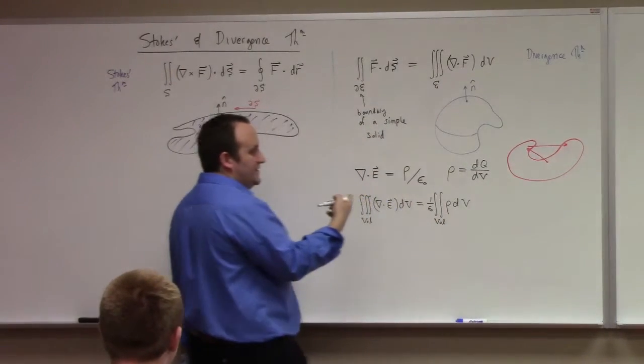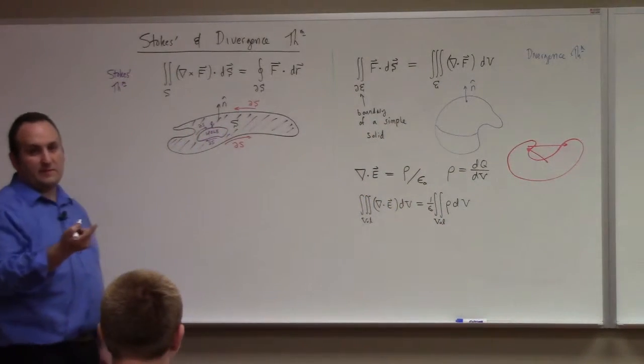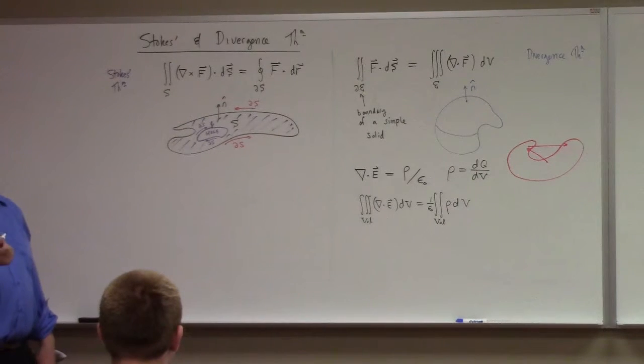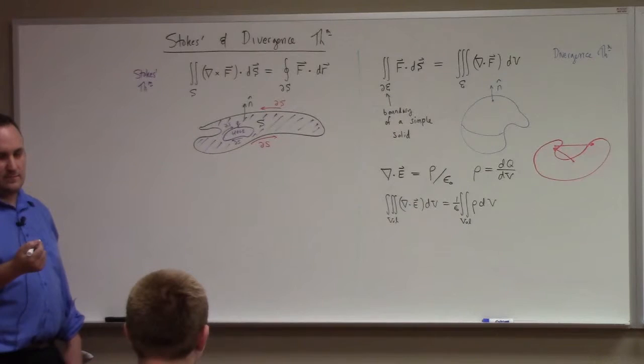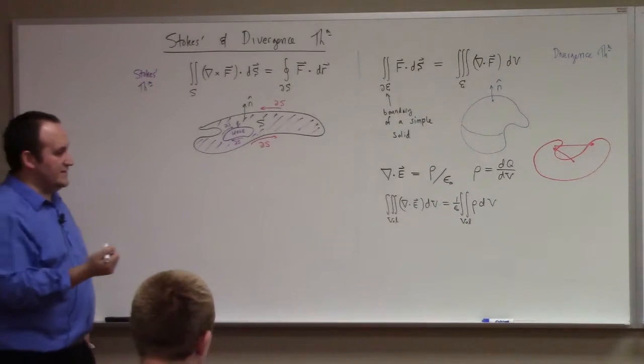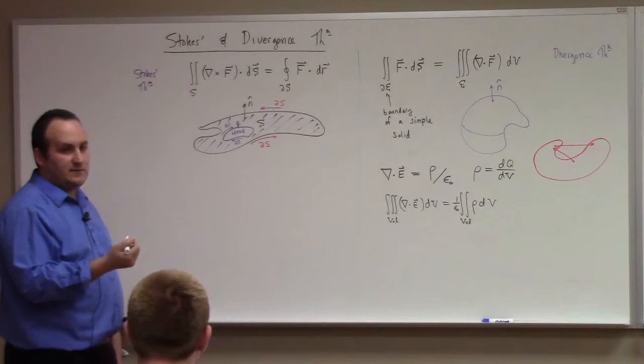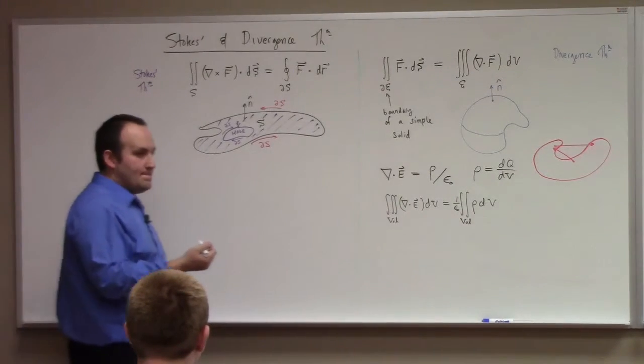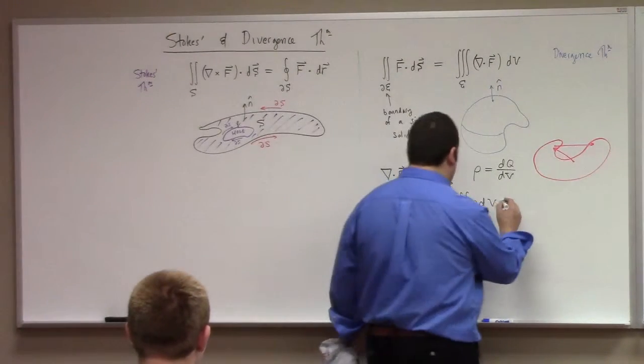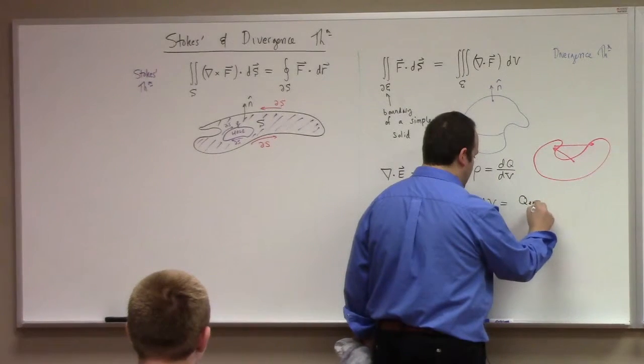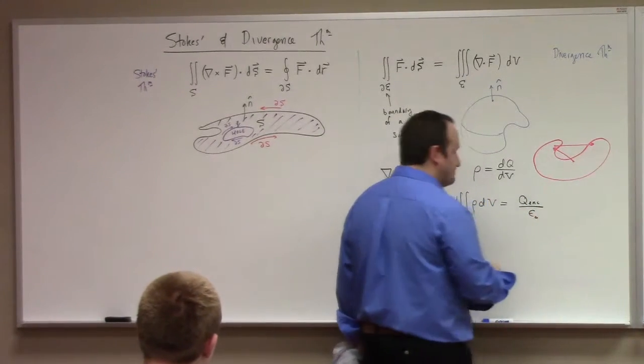If rho is dq dv, what's rho dv? It's just dq. What's the integral of dq over the volume? Q, it's the charge enclosed in the volume. So this gives us q enclosed over epsilon naught.